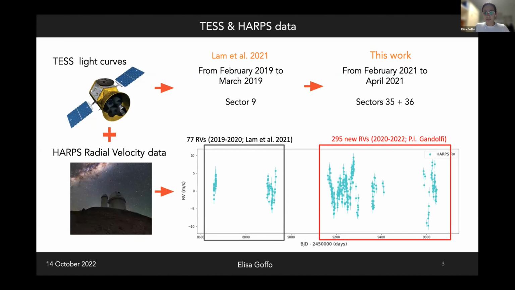So to study this signal and to understand the architecture of the system, we continued observing the star with HARPS, obtaining more than 290 new radial velocity measurements. And in the meantime, TESS observed the star again in sectors 35 and 36.